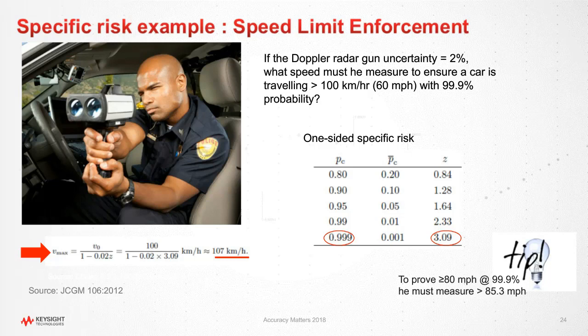If they insist on writing the 80, then you might want to keep a copy of this slide in your glove compartment, because they have to measure at least 85.3 miles an hour by the same formula to know with a 99.9% certainty that you were going more than 80. And you could take this to court and you could get off. So anyway, a helpful tip there.